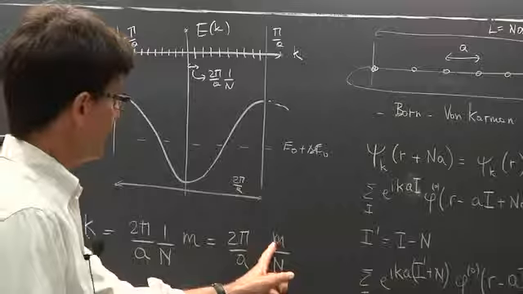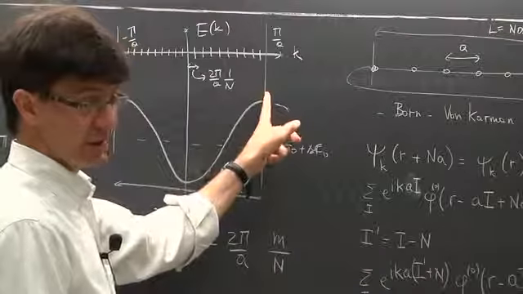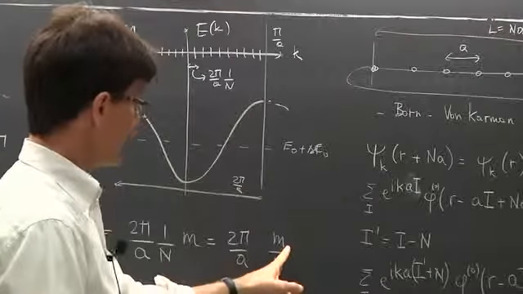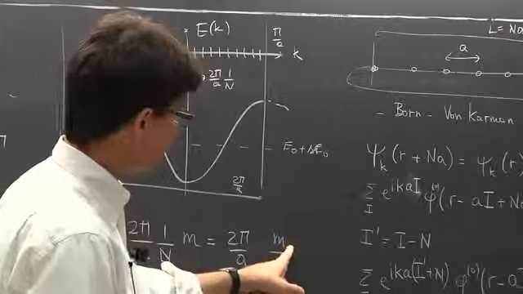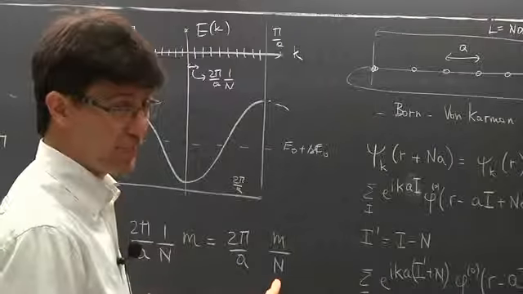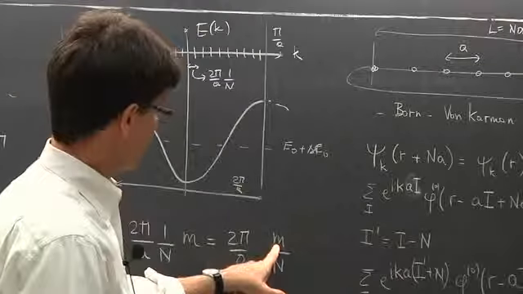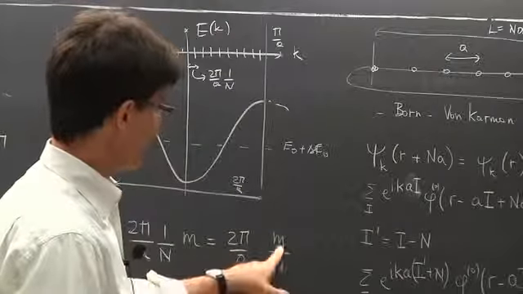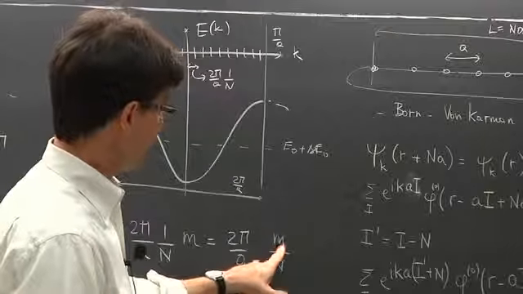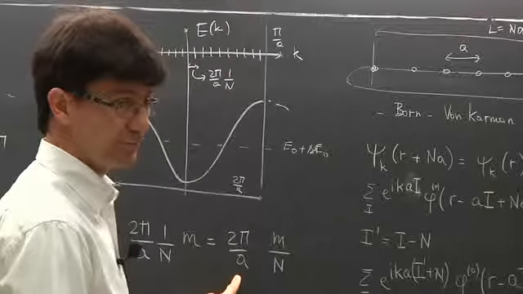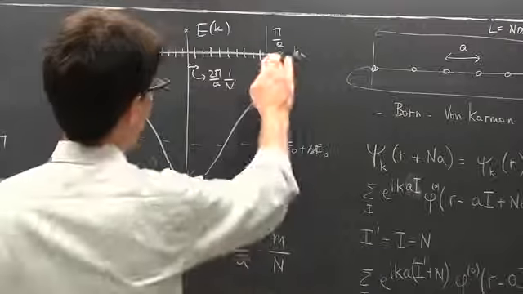And of course, m, the integer, can only go up to N divided by 2, because if m is equal to N divided by 2, then this becomes pi over a. So that's the last one.